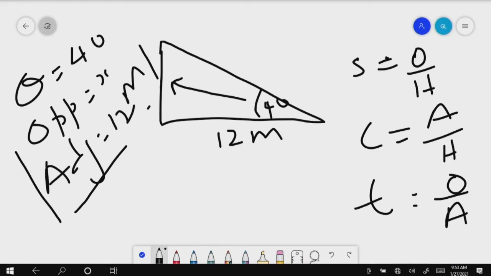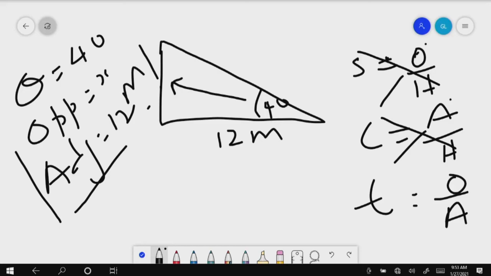Now, can we use the sine ratio? If we look at what is given, we were given the opposite and the hypotenuse side. Can we use sine? No. So right there and then we know we cannot be using the sine ratio. Can we use the cos ratio given the adjacent and the hypotenuse and the extrapolated value? No. Hence, the trigonometric ratio that we need to use is the tan ratio.